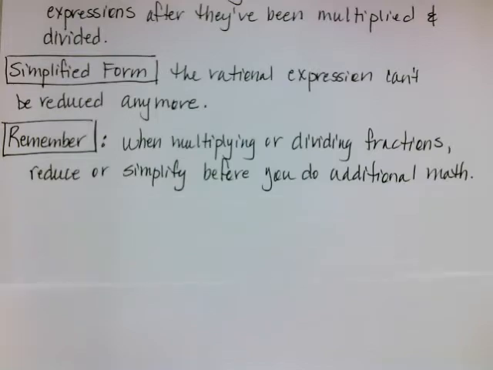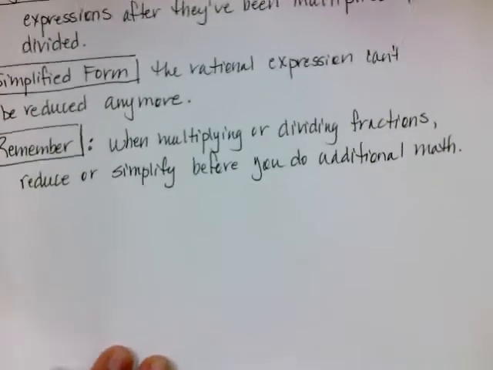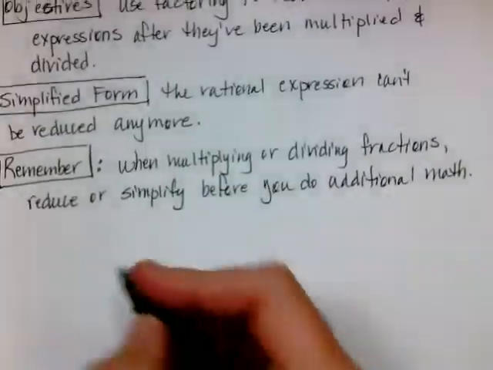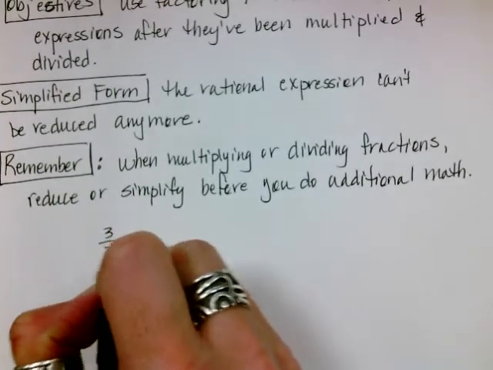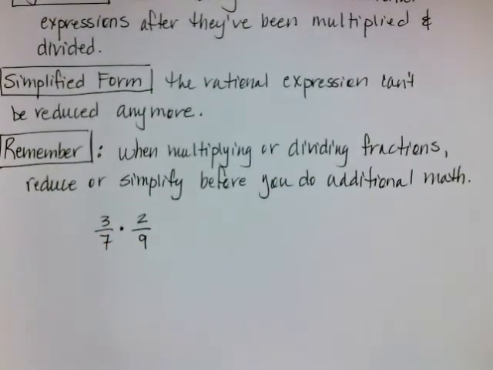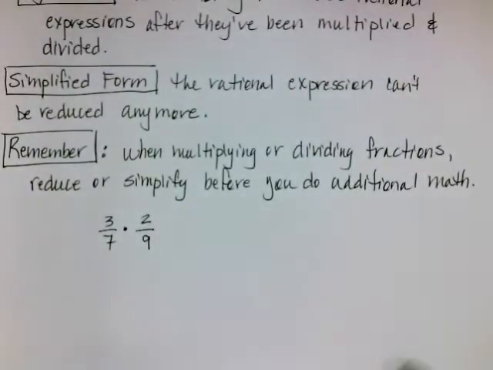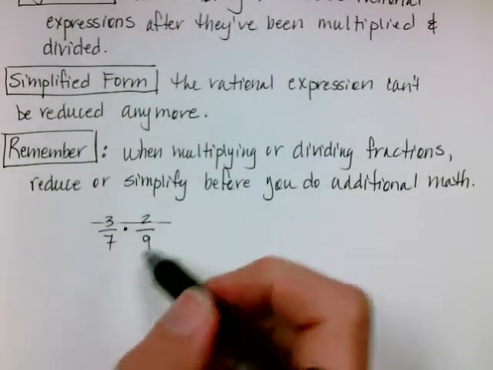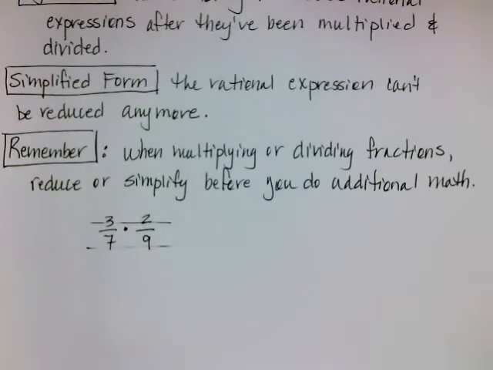All right, so for example, let me just show you a simple fraction. What if I had 3/7 multiplied by 2/9? Remember, when you multiply a fraction, the top things multiply together and the bottom things multiply together. But I can reduce it and make the numbers smaller.